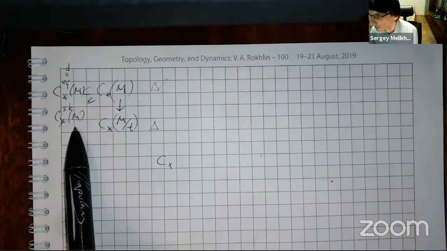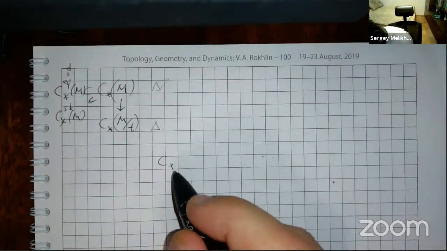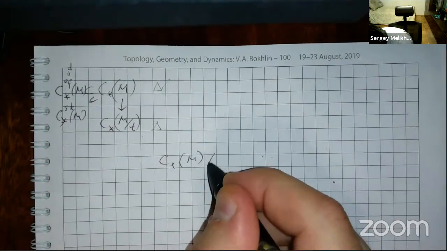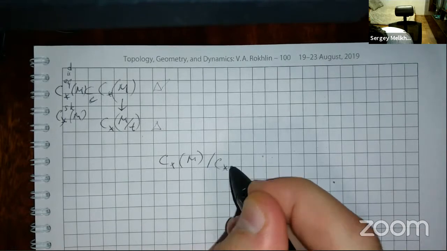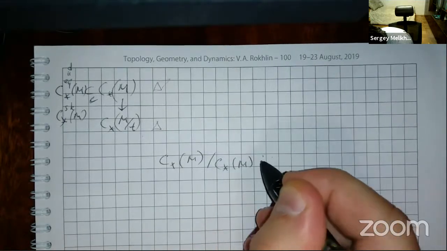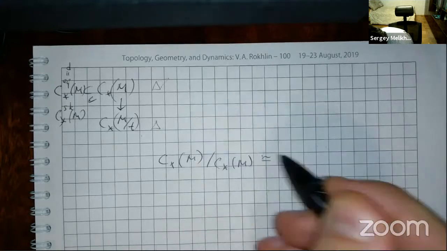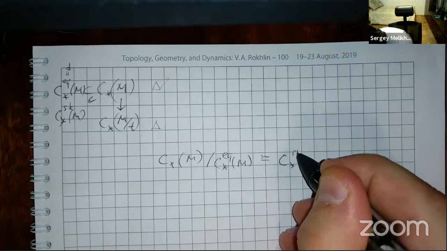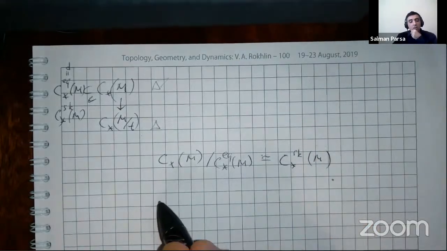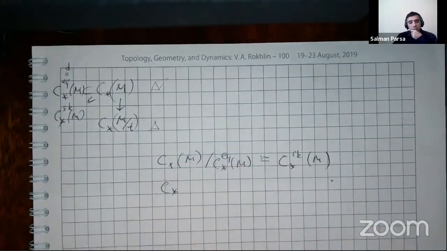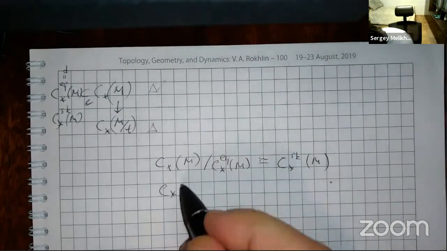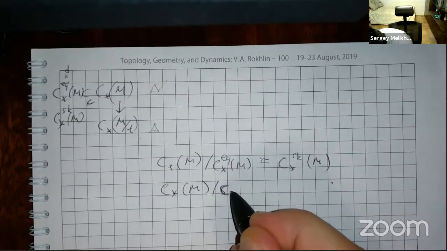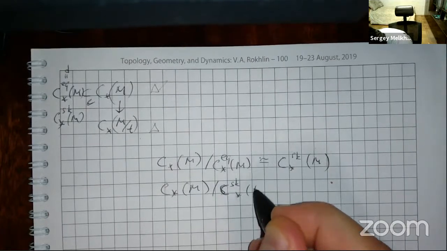Then the quotient by one of them is isomorphic to the other one.